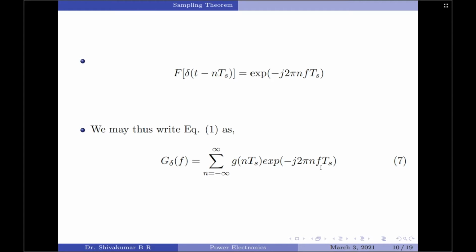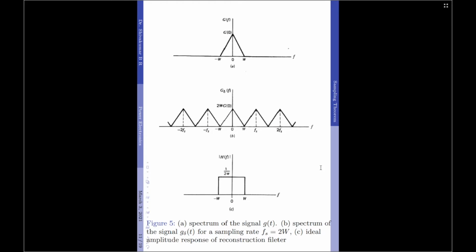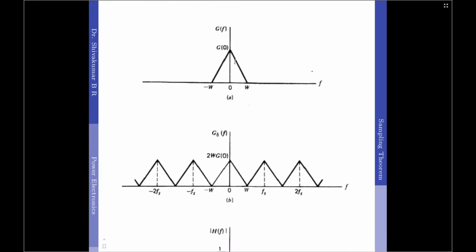So, the Fourier transform of the original signal G of t, which is represented by G of f, has a property that G of f is 0 for frequencies greater than or equal to W. This is shown by figure 1 here, which is in fact figure 5a. What we are supposed to note here is that we have the spectrum of our input signal represented by G of f, which is very strictly band limited. That is, there are no frequency components which are greater than W.